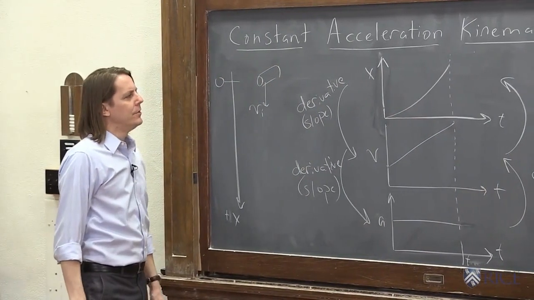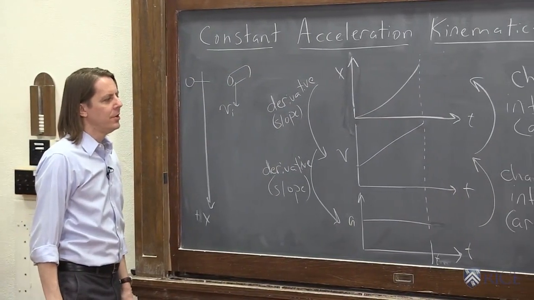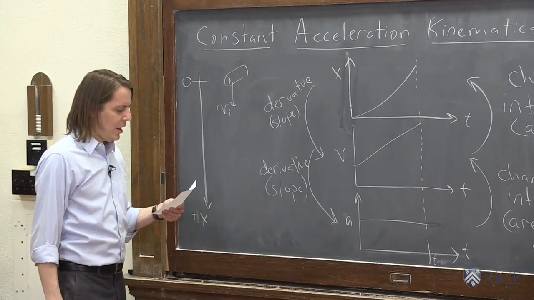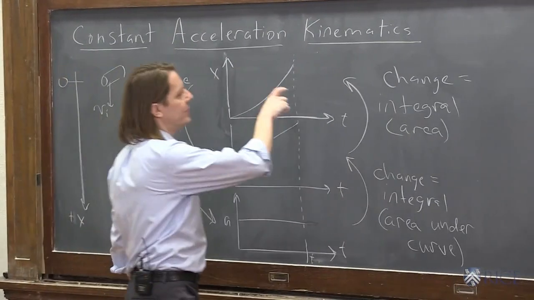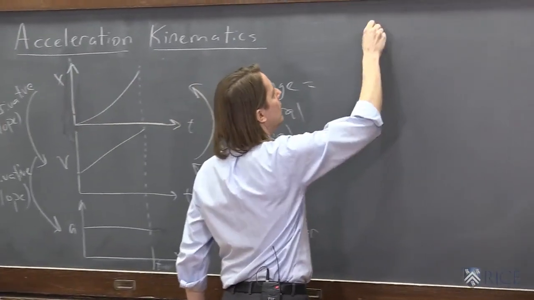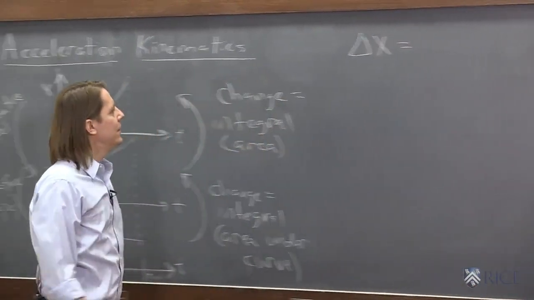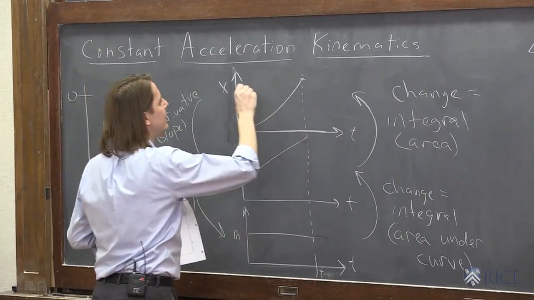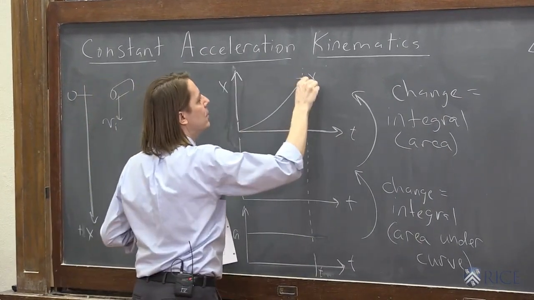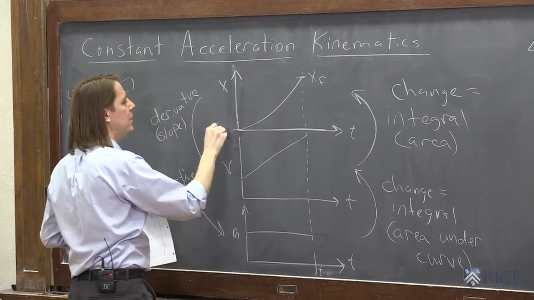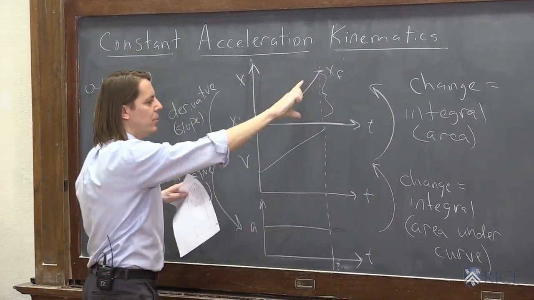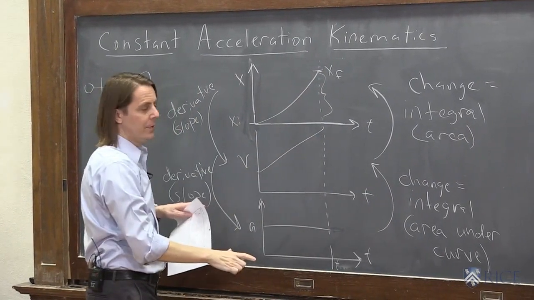Okay, so let's see if we can use this to derive the kinematics equation. Sounds crazy, but let's just see what happens. Let's find delta x, from 0 to t. This is the interval we care about. Delta x, basically x final minus x initial, equals the area under this curve.